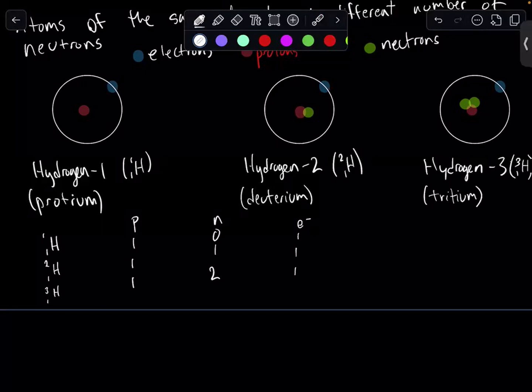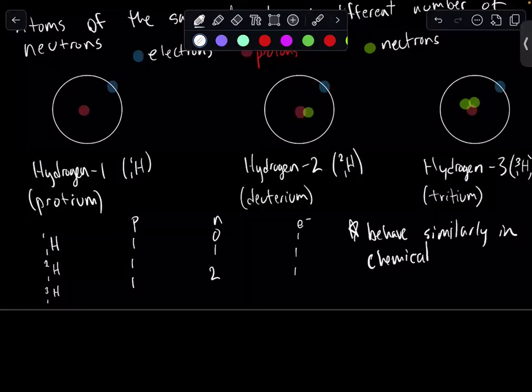And due to this, they all behave similarly in chemical reactions. So they're all going to behave like hydrogen. But the difference is they'll have slightly different physical properties.